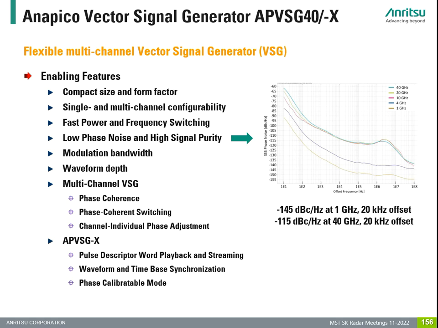We have already heard about phase noise in previous slides. A VSG has slightly worse phase noise performance compared to a synthesizer. However, challenging specifications require performances beyond the minus 110 dBc for Ka band applications.